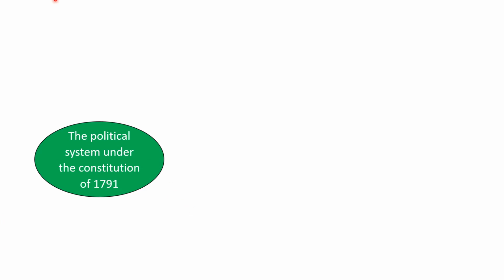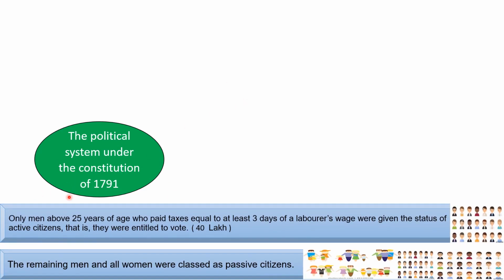The political system under the Constitution of 1791: under this constitution, all citizens of France were divided into active citizens and passive citizens. Only men above 25 years of age who paid taxes equal to at least 3 days of labor wage were given the status of active citizens, and the remaining men and all women were classed as passive citizens.